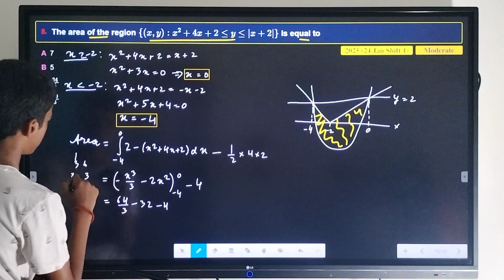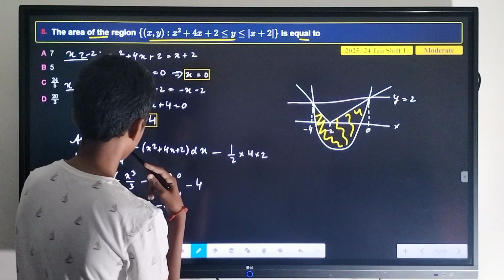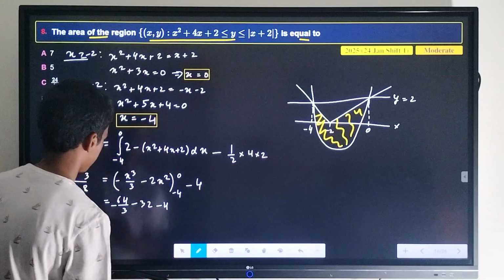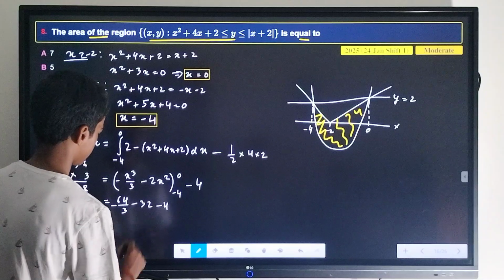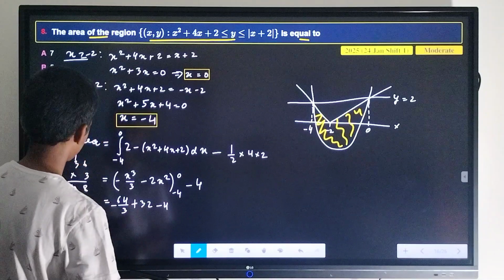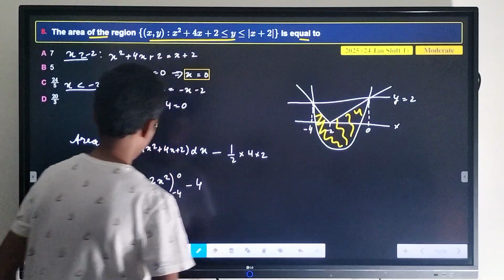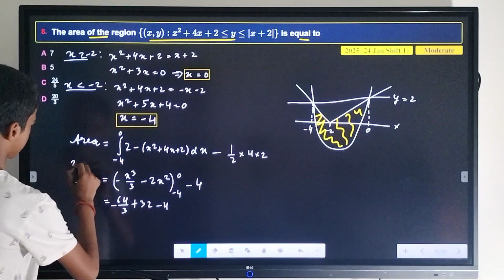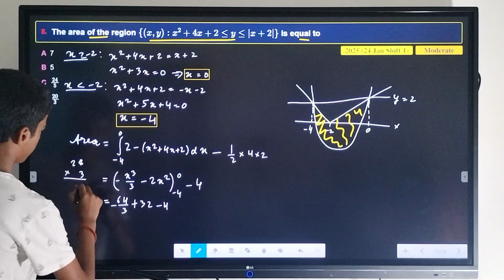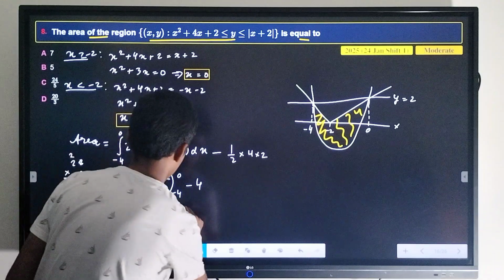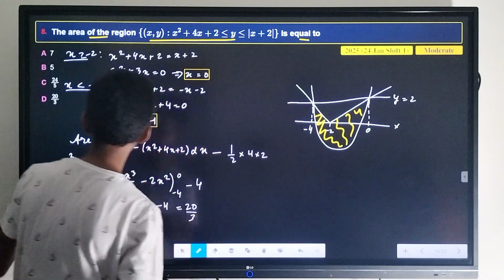This is minus 64 upon 3 plus 32 minus 4. So we will get 28 times 3, 84, minus... so this is equal to 20 upon 3.